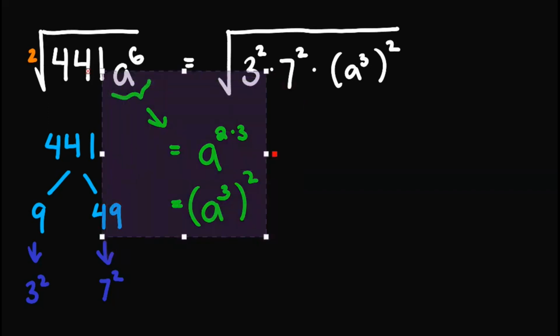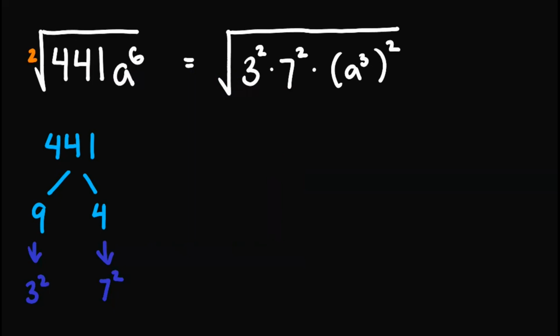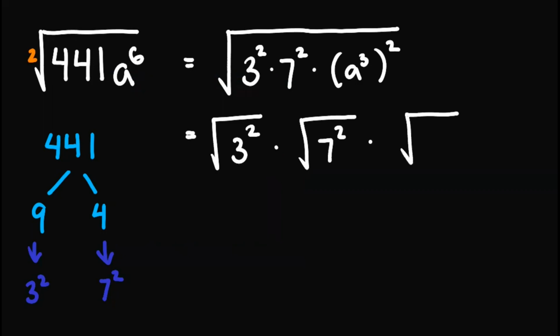Now from here, we will apply the second law of radical. So we can write this one as the square root of 3 squared times the square root of 7 squared times the square root of a cubed squared.